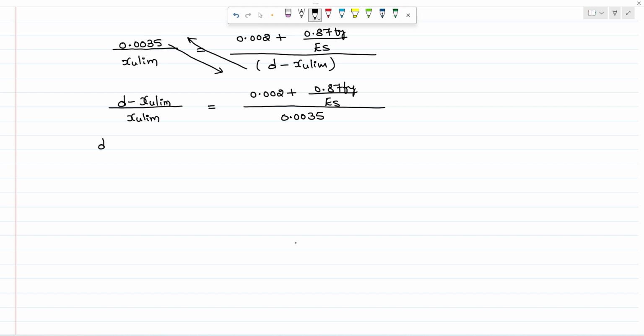So on the left hand side it is D divided by XU limit minus XU limit divided by XU limit equals 0.002 plus 0.87 Fy divided by ES.